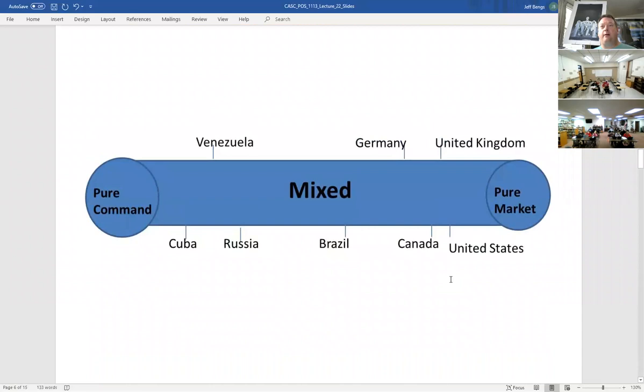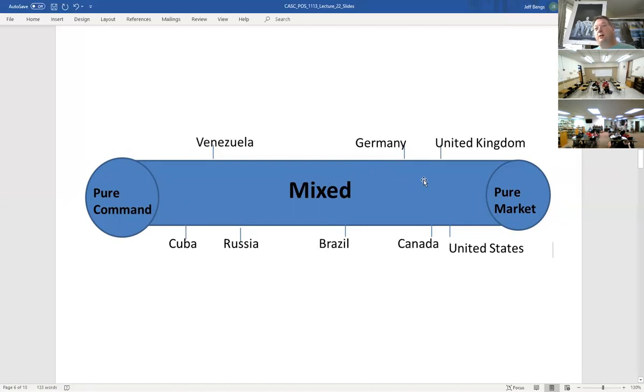Here's our graph here. A pure market would be what we would say laissez-faire, where there's absolutely no or almost no government involvement. So you can see the United States, Britain, Canada, Germany, they're all, mixed would be kind of in the middle.